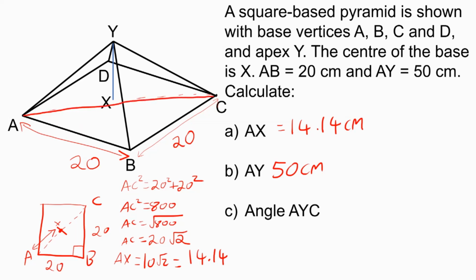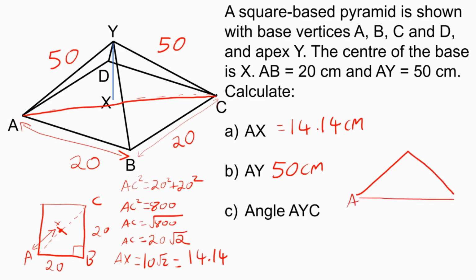One way that you could do it, we know that AY is 50 centimeters, and that's going to be the same as YC because Y is directly above the center of the square X, because Y is the apex.